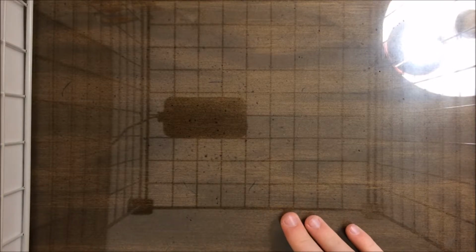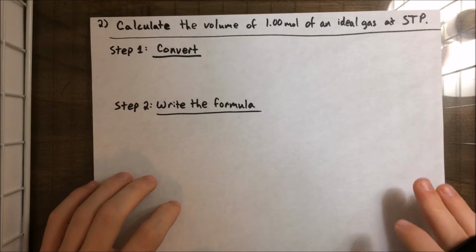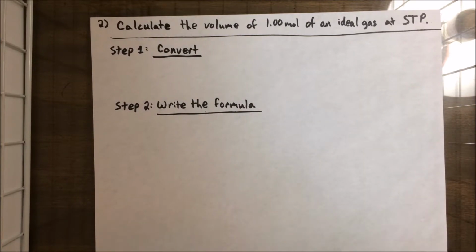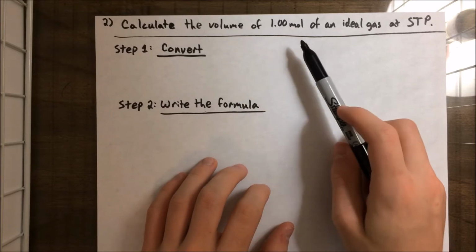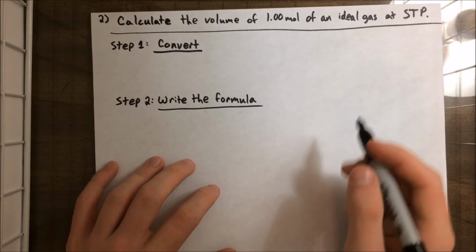In this example, we are going to deal with standard temperature pressure, or STP. So in this example, it says to calculate the volume of 1.00 moles of an ideal gas at STP. So step one is to convert.